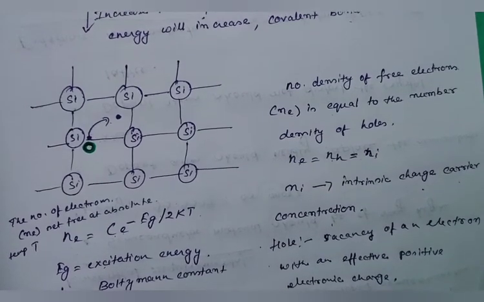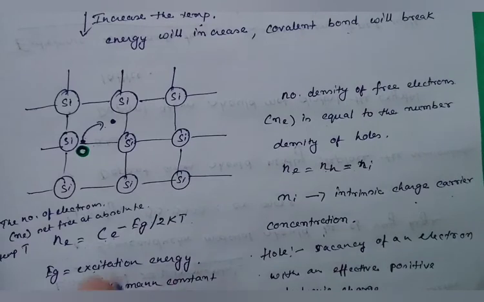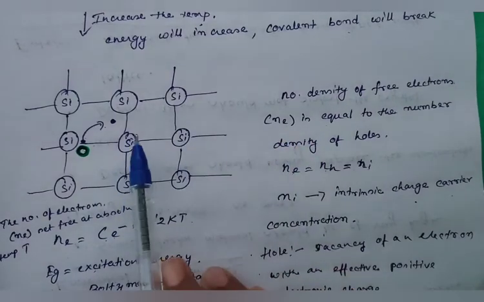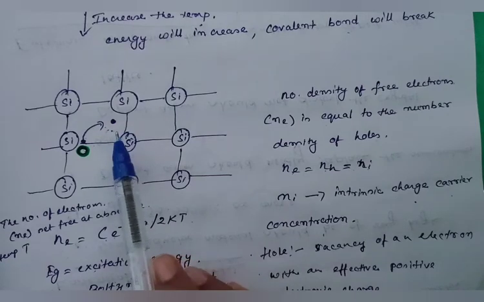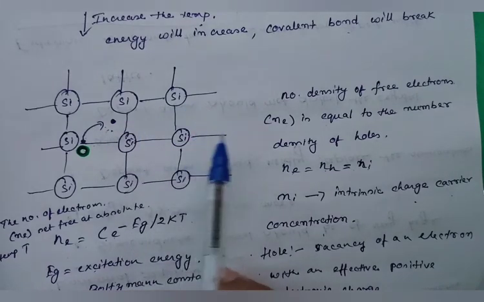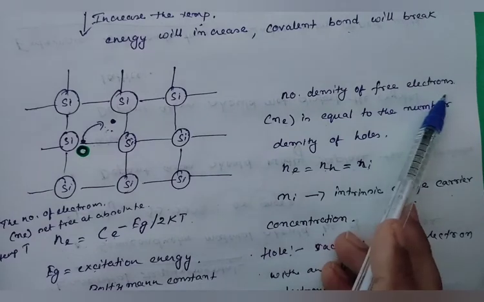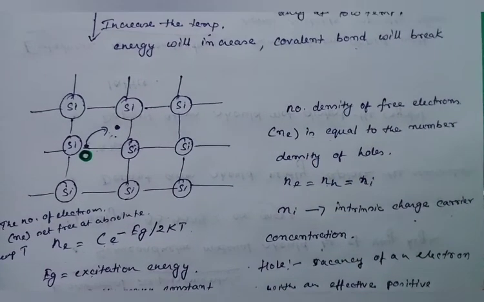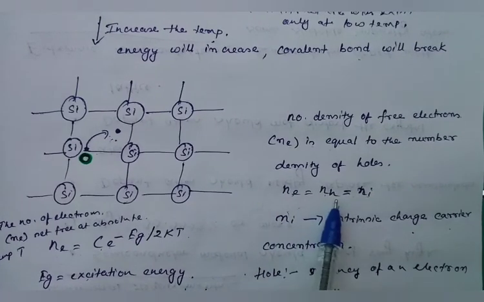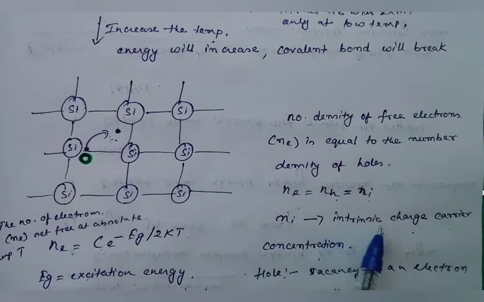Now as each free electron creates one hole, so in an intrinsic semiconductor the number density of free electrons is equal to the number density of holes, that is Ne equal to Nh equal to Ni. So Ni is the intrinsic charge carrier concentration.